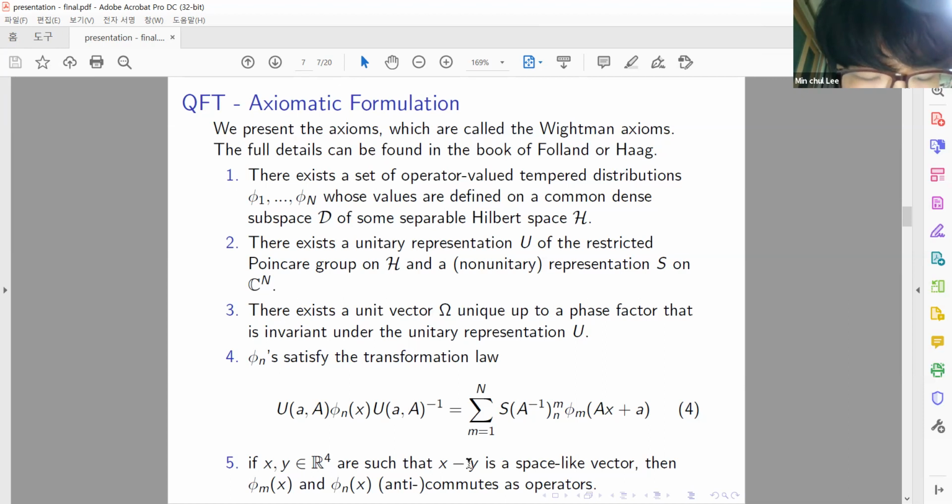They commute if either of phi_n or phi_m is a bosonic operator, meaning that they are integer spin operators, or they anti-commute if both of them are fermionic operators, meaning that they are half-integer spins. And as you may well know, these spins are the classification of the representations of the Lorentz group.